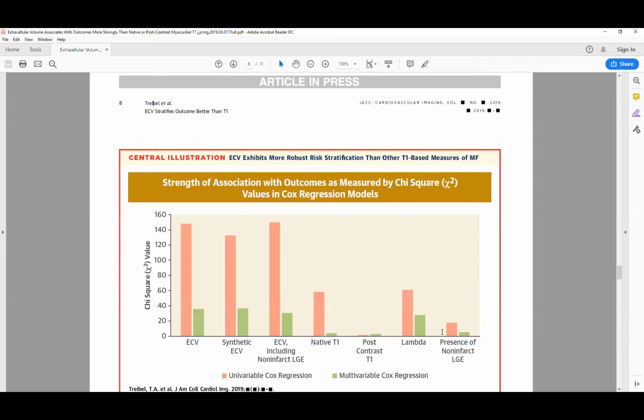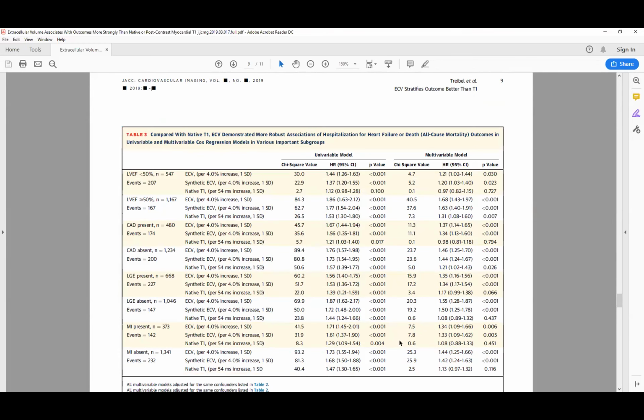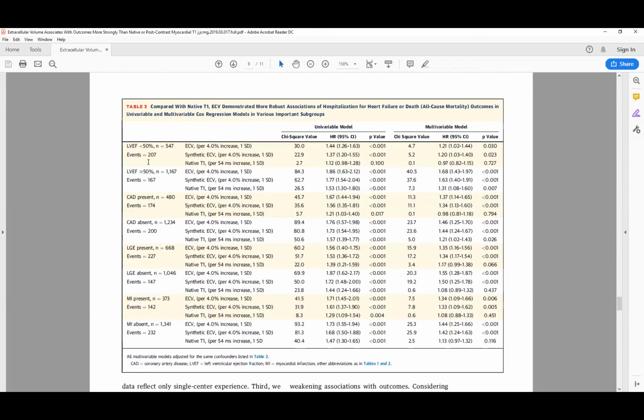And then when this went for peer review, some of the reviewers asked for different subgroups. So we basically looked at people with ejection fraction less than 50%, greater than 50%, coronary disease present, absent, late enhancement present, absent, people with MIs.